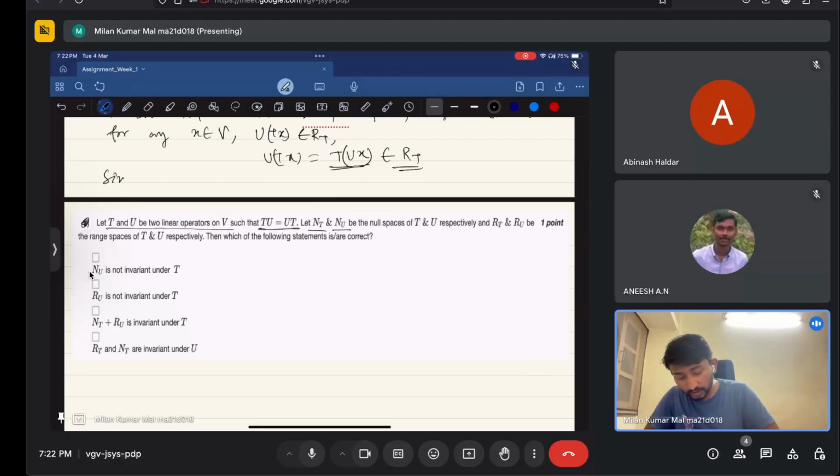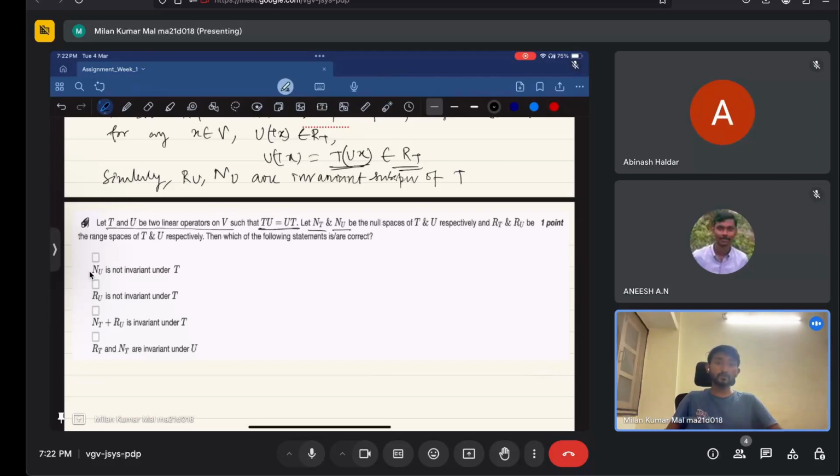Similarly, one can show that range of U and null space of U are invariant subspaces of T, and they are already invariant subspaces of U, there is no doubt about that. But all these things are happening under the condition that UT equals TU. Let Nt and Nu be the null spaces of T and U respectively, and Rt and Ru be the range spaces of T and U respectively. Then which of the following statements is or are correct?